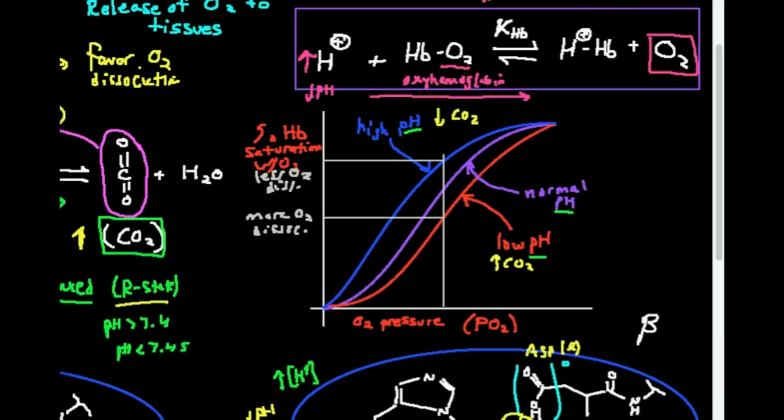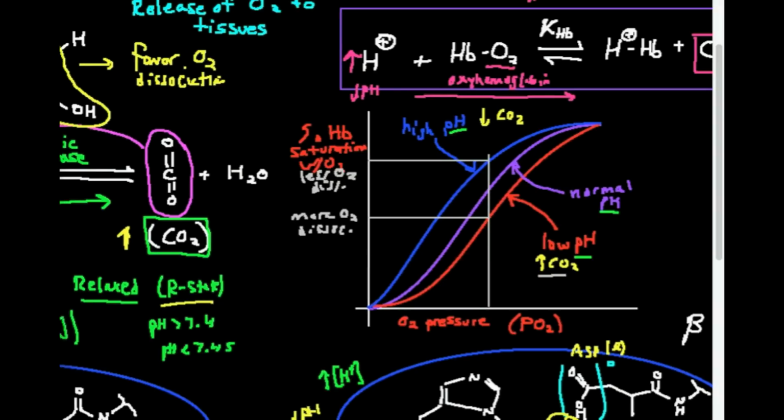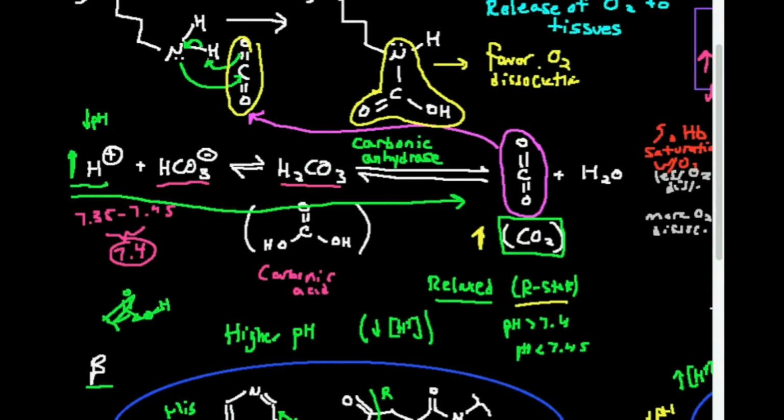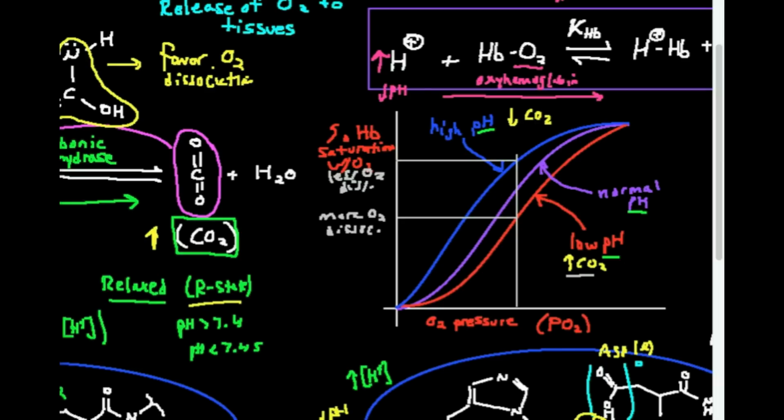With low pH or high CO2, there's a lower percent saturation of oxygen, which means more of it has dissociated. So when we talk about carbon dioxide in the sense of the Bohr effect, because H+ corresponds to a high CO2 concentration in a particular vicinity of the blood, low pH and high CO2 mean more oxygen dissociation, and high pH and low CO2 mean less oxygen dissociation.